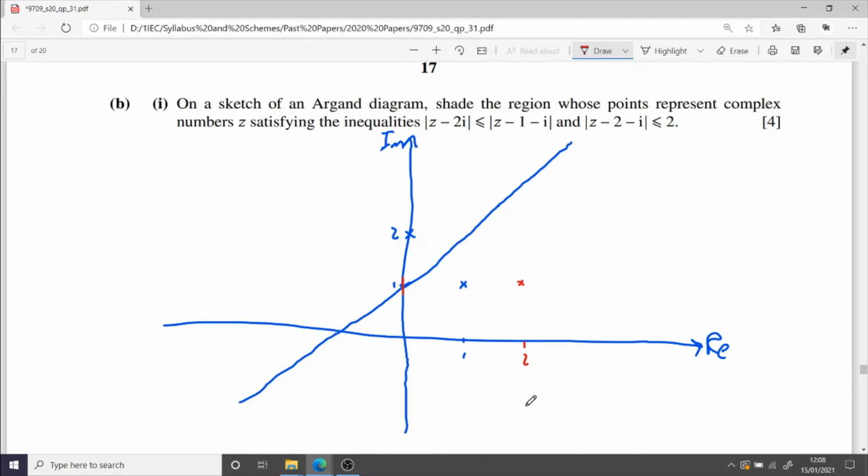It should go down about 1 below the real axis there, and about the same distance there, and somewhere up here. So it's going to look something like that, and I'm sure you'll be able to do a better sketch than me. And the region we want is within the circle, so that would be the part that is within the circle and on the top left of that line. So that's the region we want there.